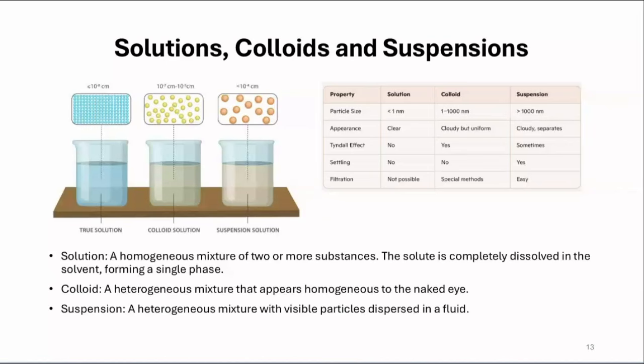In terms of scattering light through it, sometimes they have a Tyndall effect, sometimes they do not. Suspensions will be the only type of mixture that actually settles. That means that you're going to see a separation and it's going to settle at the bottom. And when it comes to filtration, you can actually separate the components of a suspension via filtration.